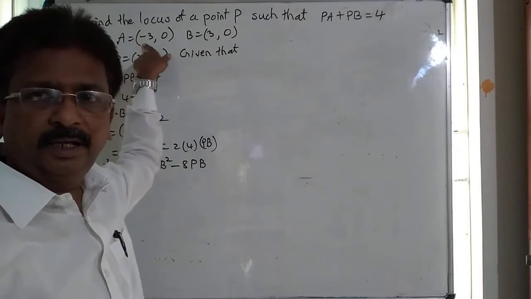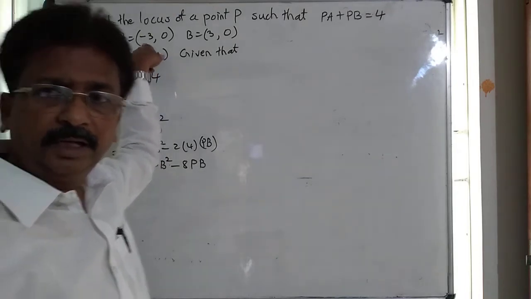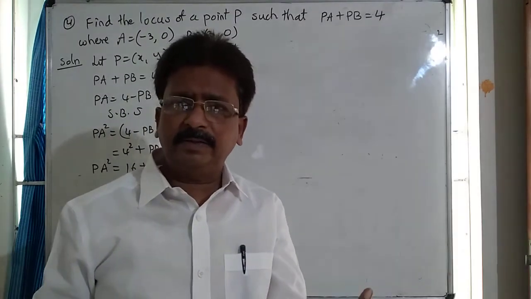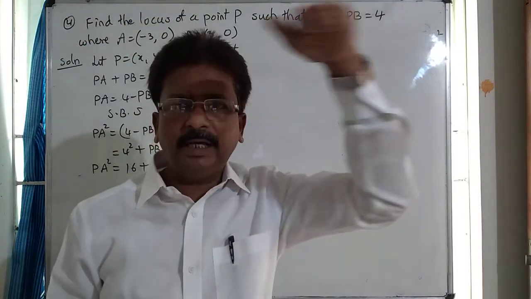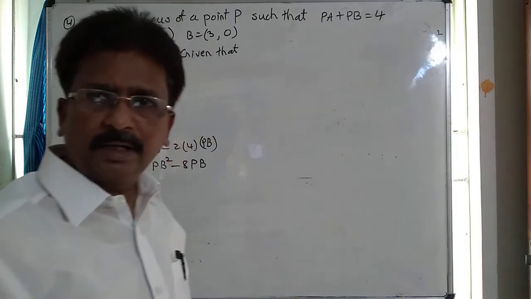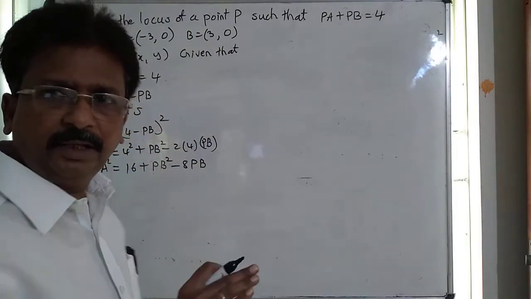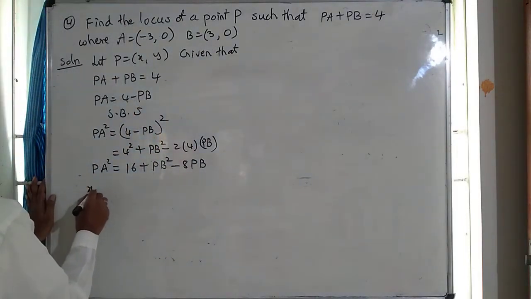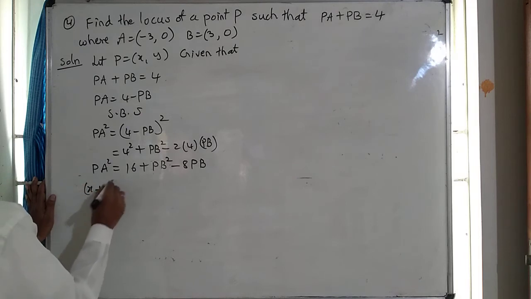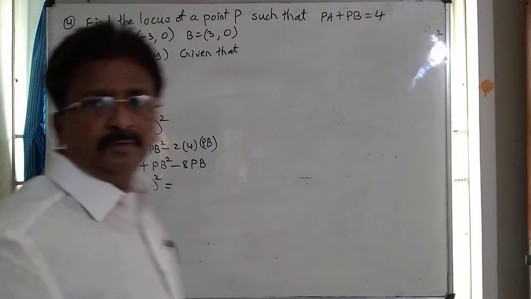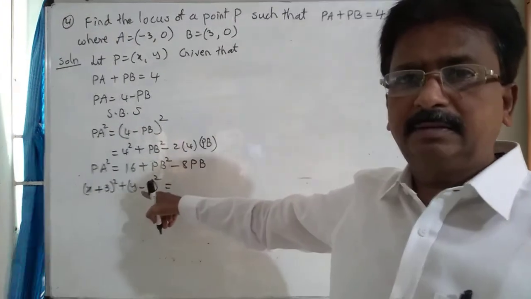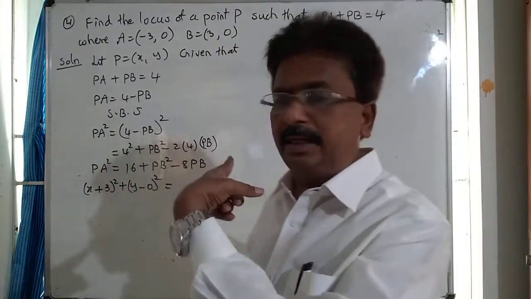Minus 3. x minus of minus 3 whole square under root. But for PA square, there is no square root. So I will write PA square directly here: x minus of minus 3 whole square plus y minus 0 whole square. This is PA square.